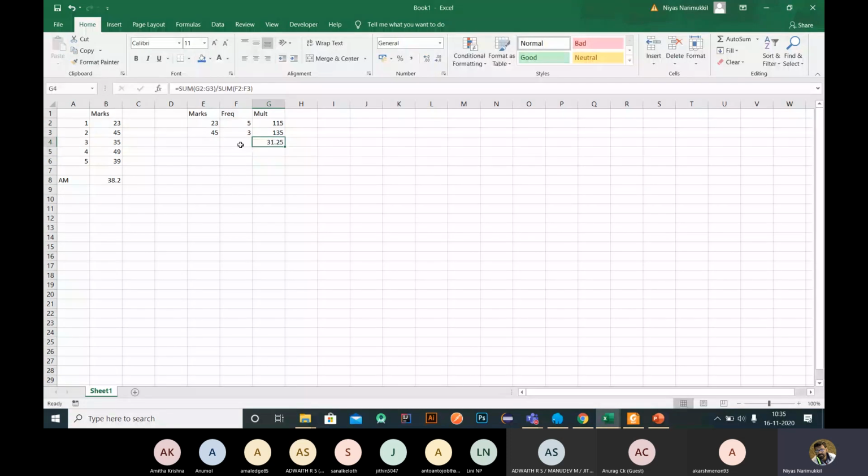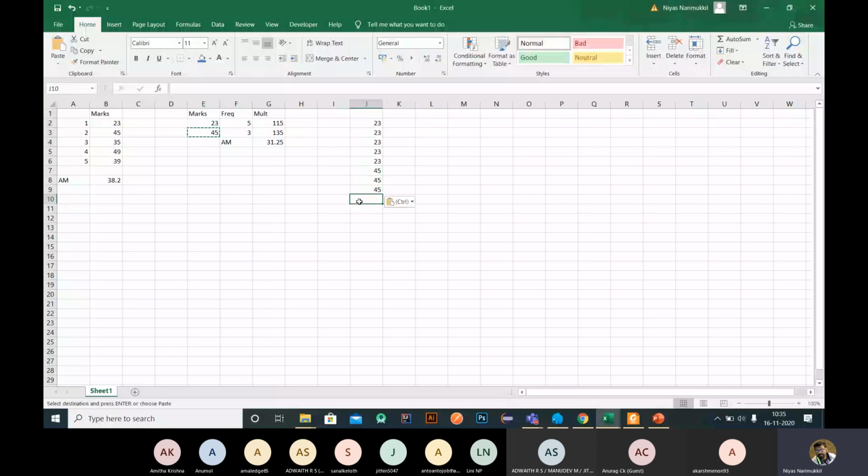Now this is very straightforward. If there are 20 marks, and 23 is repeated 5 times, we call the frequency 5, and 45 is repeating 3 times. So this is the same as 23 repeating 5 times and 45 repeating 3 times, right?